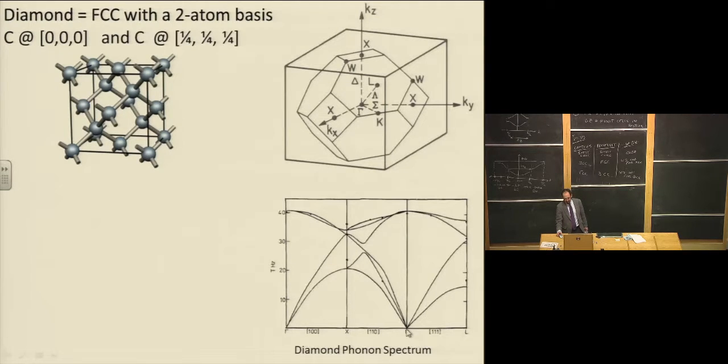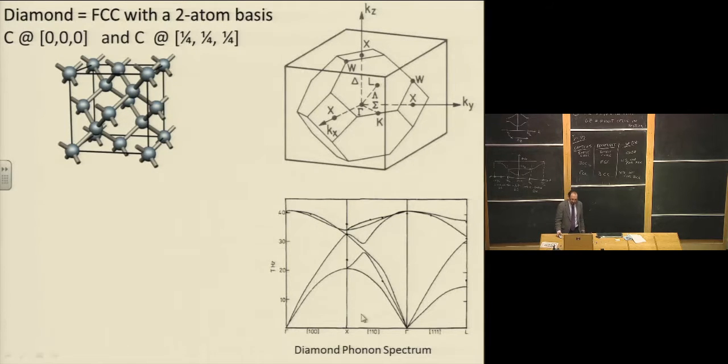And then from here to here is gamma to L along the 1, 1, 1 direction, along that dotted line. This one's a little more complicated. It's X to gamma along the 1, 1, 0 direction. So that actually goes from this X through this K into the gamma in the center of the next Brillouin zone over. So that one's a little complicated, but all right.